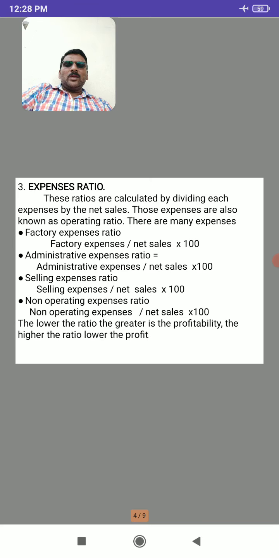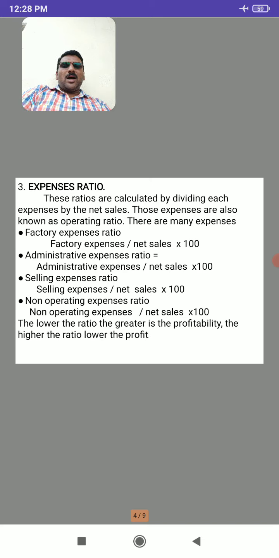First we will take factory expenses. These are the expenses which relate to the production process. The expenses included in the production process are called factory expenses, and these factory expenses are divided by net sales and multiplied by 100. Automatically we get the factory expenses ratio.